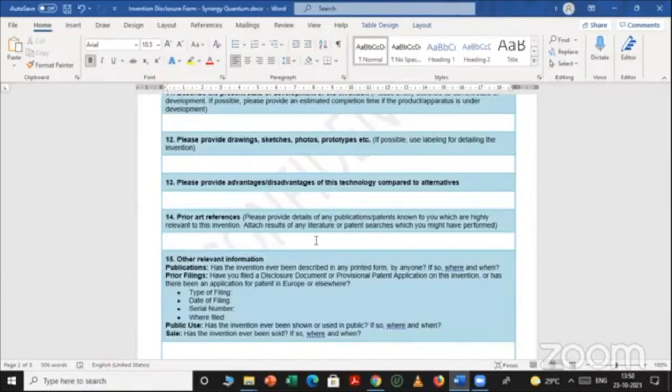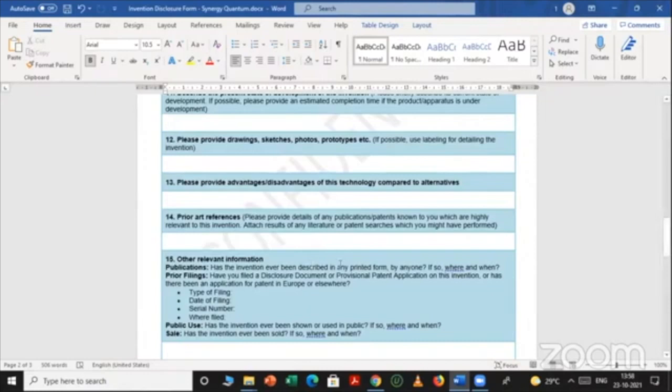It will help the attorney to amend your invention or the claims, the legal language of your invention, so that the patent office of any particular country grants it.